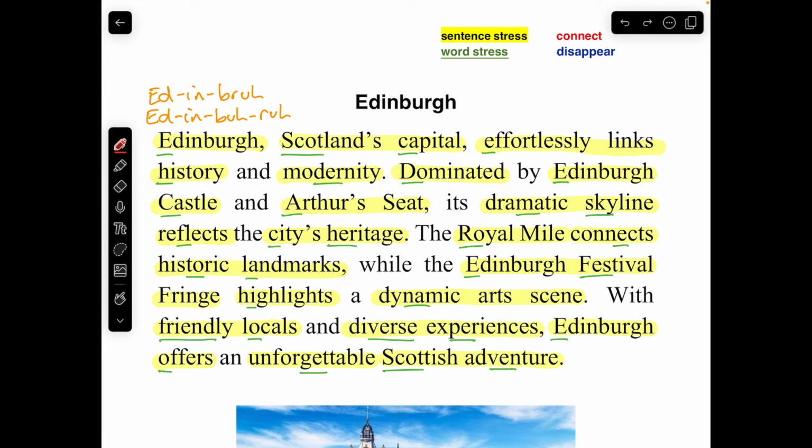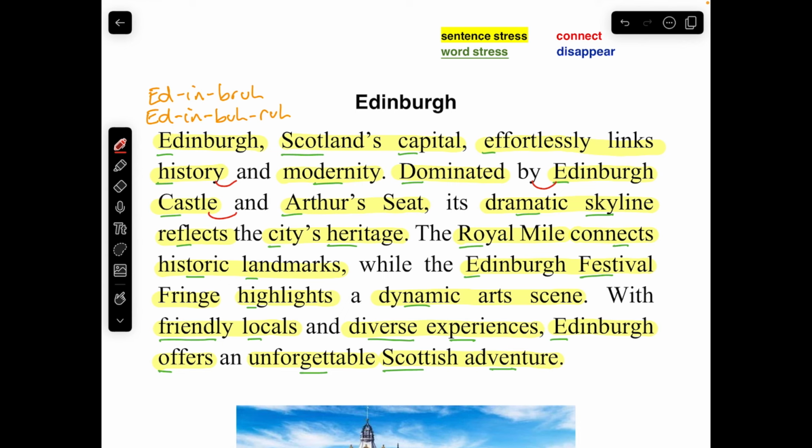Next, let's take a look at where words link together. I'm going to mark these in red. So, Edinburgh, Scotland's capital, effortlessly links history and modernity. Okay, history and modernity. Dominated by Edinburgh Castle and Arthur's Seat. Its dramatic skyline reflects the city's heritage.